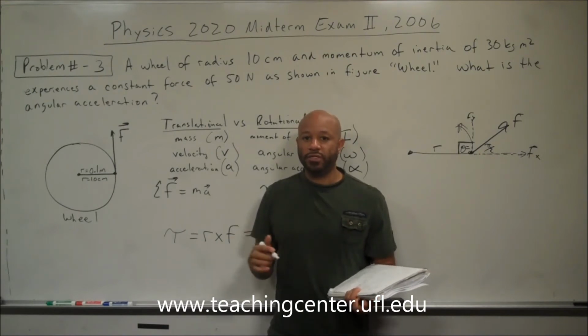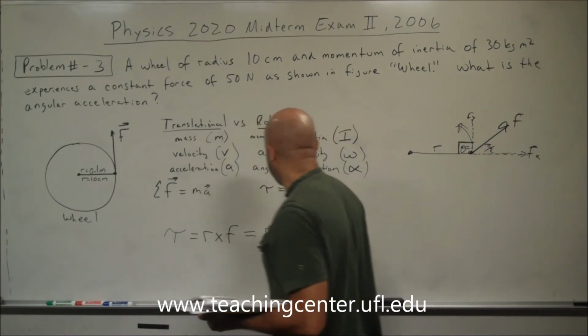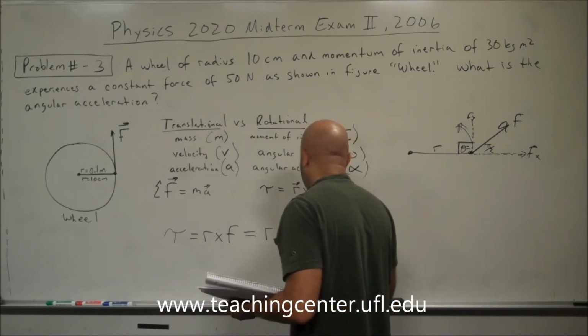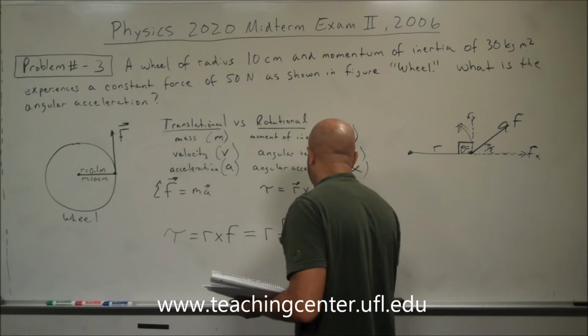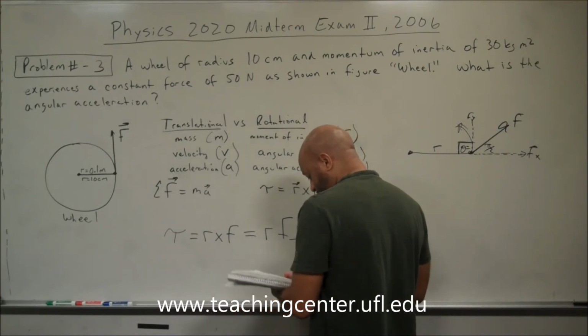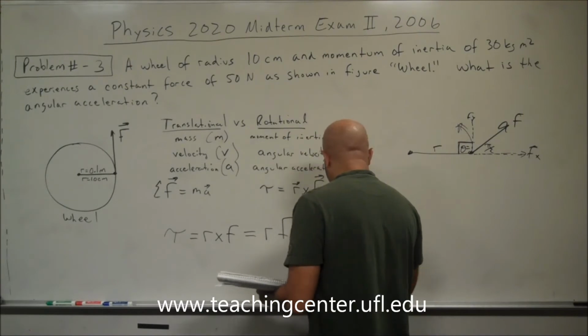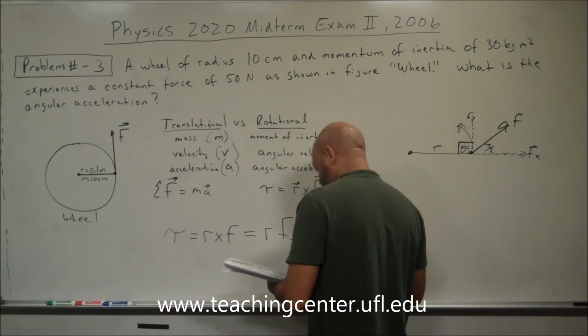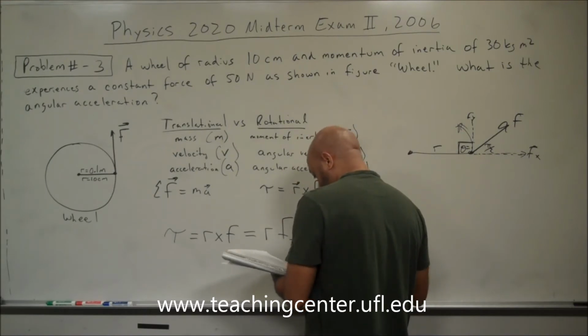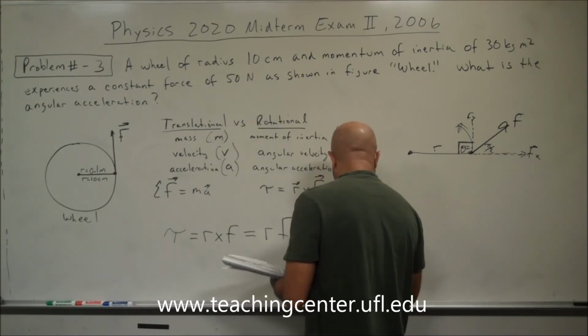explanation and derivation of how we get to this, so basically we just said that the torque is equal to R times the perpendicular force, but the perpendicular force is equal to the force times the sine theta.